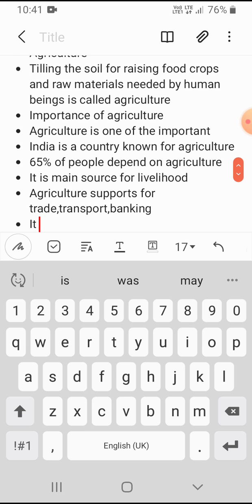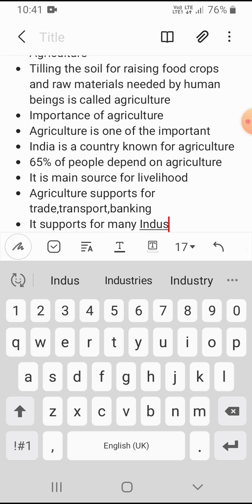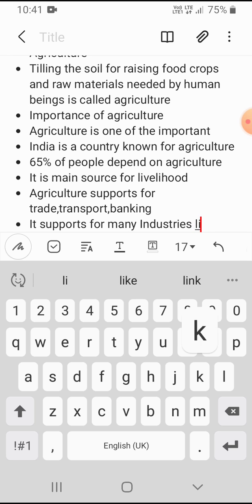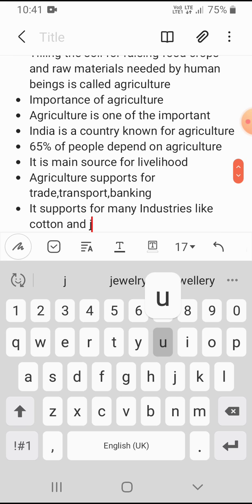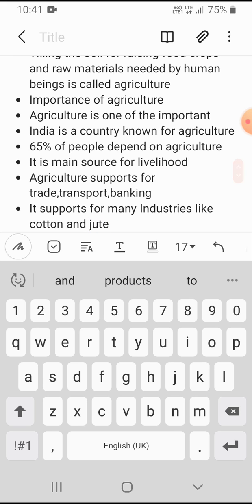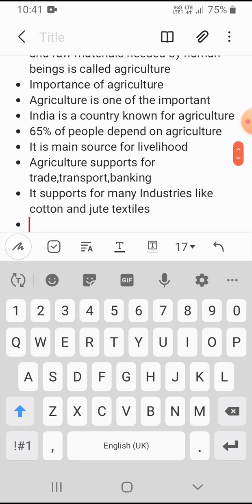And it supports many industries like cotton. If farmers grow cotton and jute, the textile industry will be there, otherwise it will not be there. So agriculture is important for India.